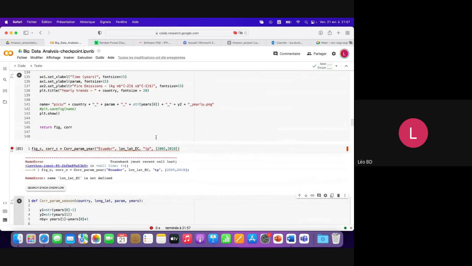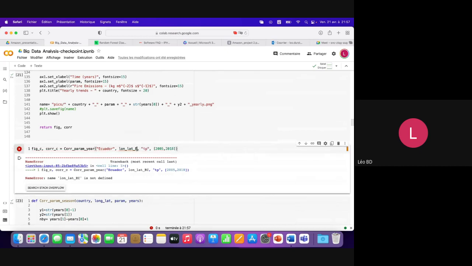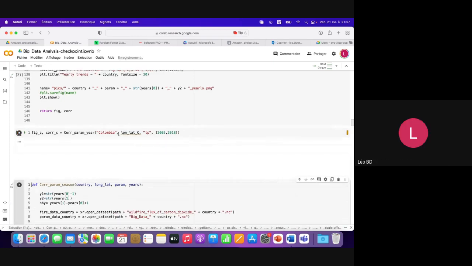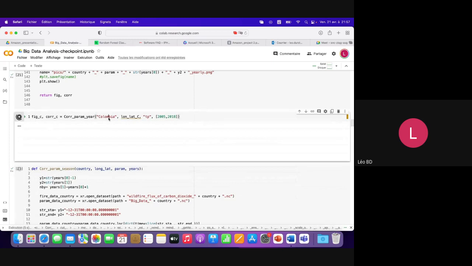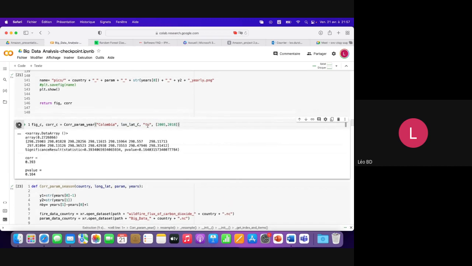Maybe now it will work. Well, if it doesn't work, I will go back to Colombia. It's loading. Maybe now it's working. Now my computer is not answering.